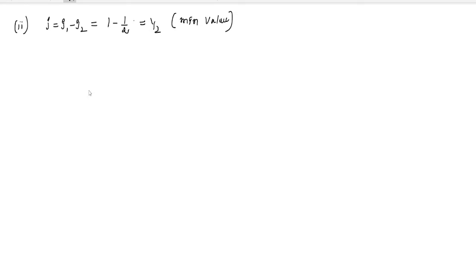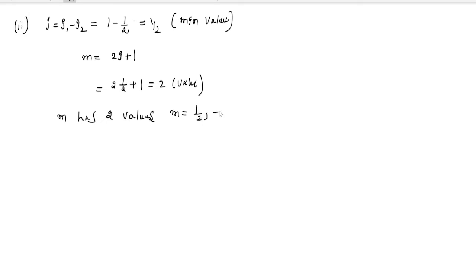In case the minimum value is there, what is m? 2j plus 1, so 2 into 1 divided by 2 plus 1, 2 values. So m has 2 values: m equal to 1 divided by 2 comma minus 1 divided by 2.